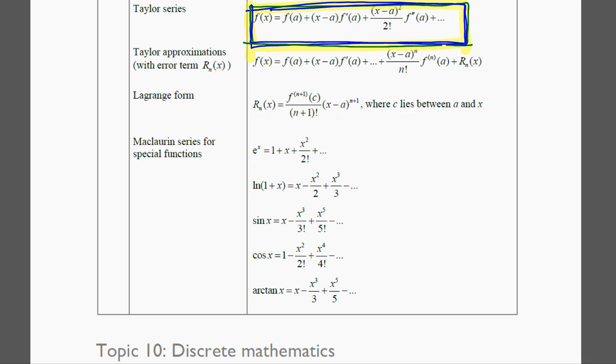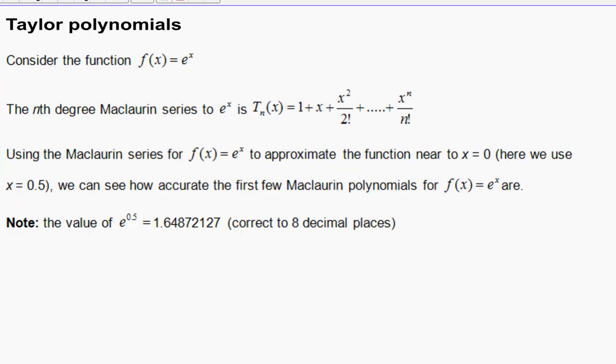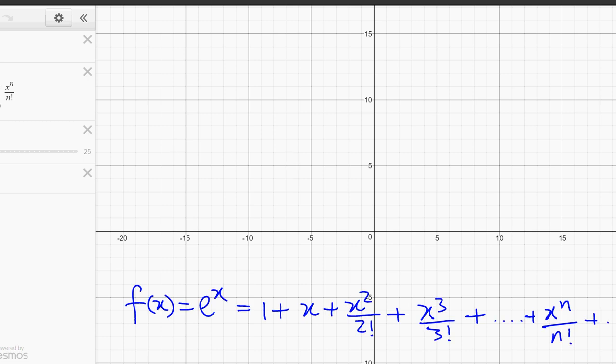Anyway, what I want to show you here is that if you have this exponential function, you can generate a series for a certain number of terms.